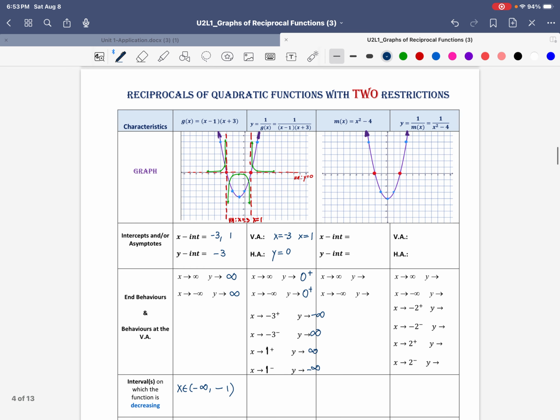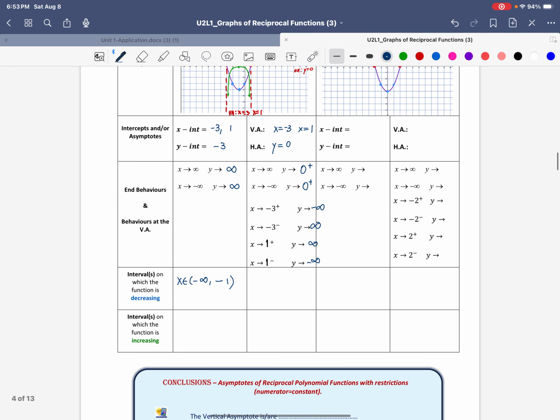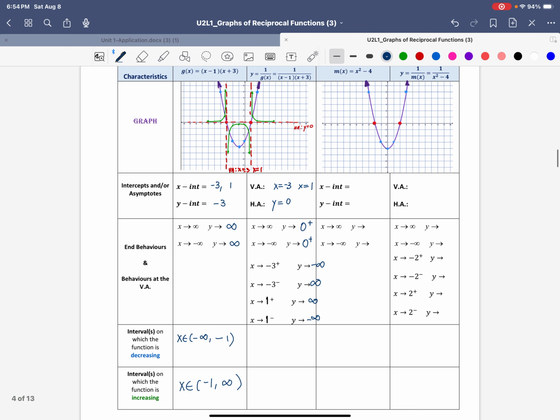And from negative 1 to infinity, the parabola is increasing. Now remember, we won't consider the turning point in either increasing or decreasing interval, and that is something that we will discuss by the end of this course when we talk about the rate of change.